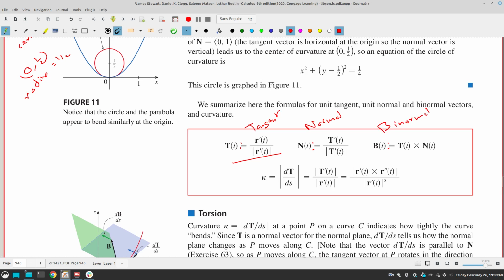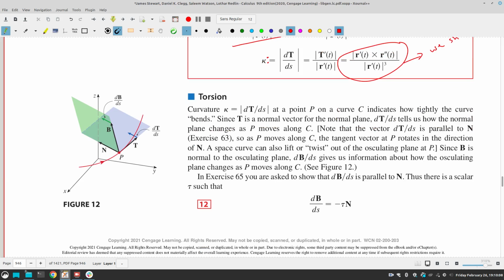And this is something we derived for kappa. So kappa is equal to this, which is defined to be equal to this, which is equal to this. This is something we derived, we showed this formula. Okay, now curvature.